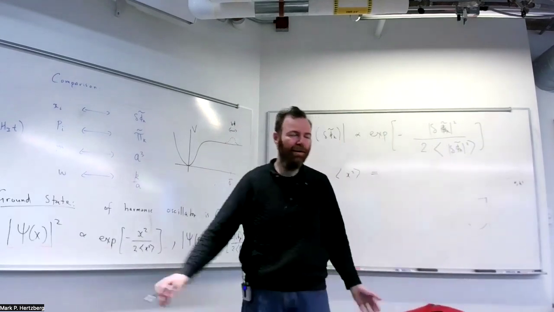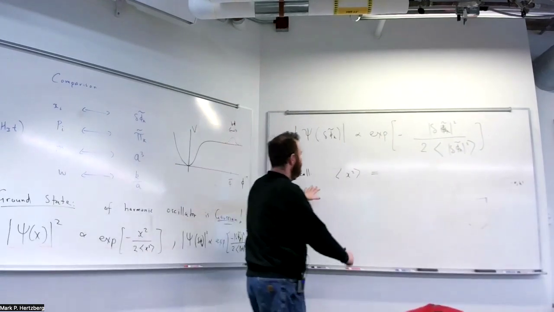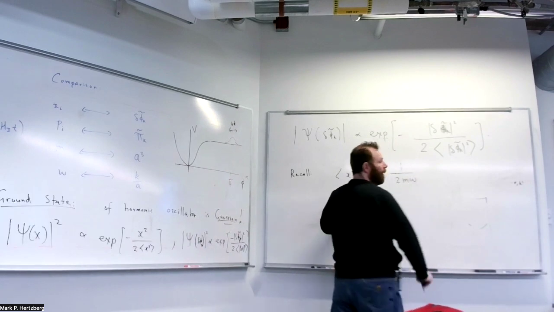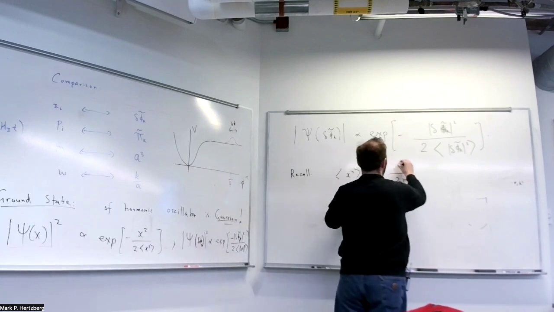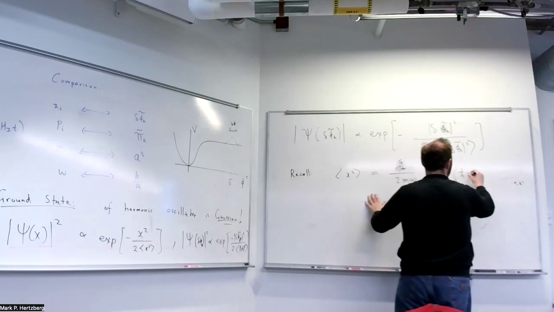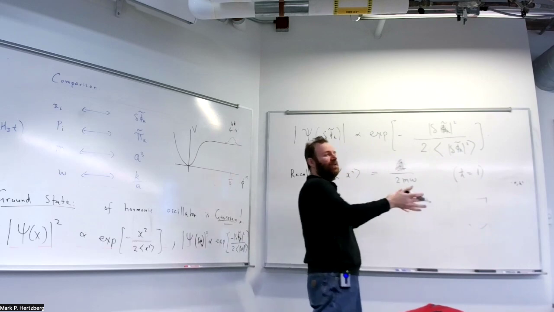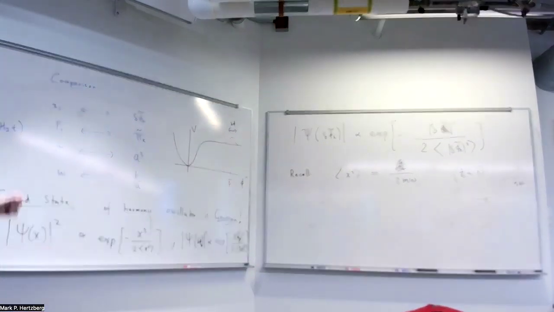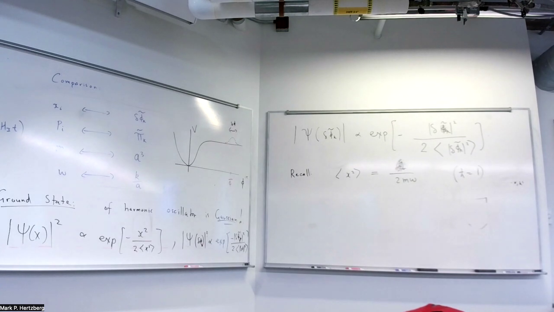It's okay if you don't. Let me just remind you, it's something like 1 over 2 m omega. Okay, well, it's h bar. I'm going to set h bar equal to 1 from now. Is that okay? H bar, right? It's due to quantum mechanics that there's any fluctuations at all. But it goes like 1 over 2 m omega.